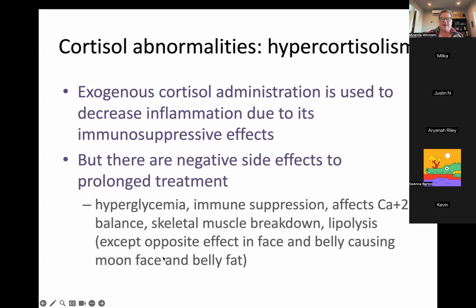And then we've got this moon face, which I'm a great example of. If you look at my videos, even at the beginning of the semester, you could see my cheekbones a lot more. But now everything's just kind of rounded, and it makes your face rounded and forward, but then your eyeballs sink back. So it sometimes looks like your eyeballs are going to pop right out of your head.